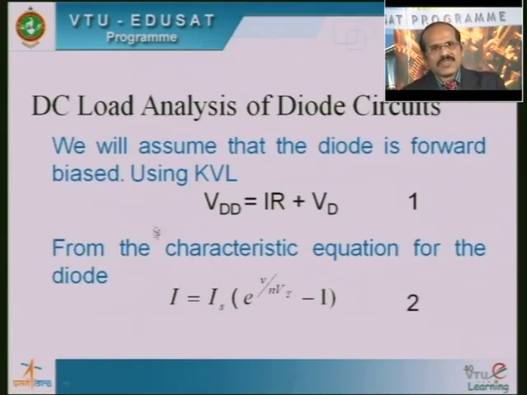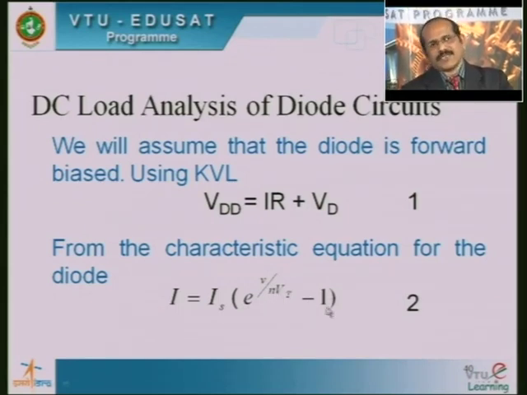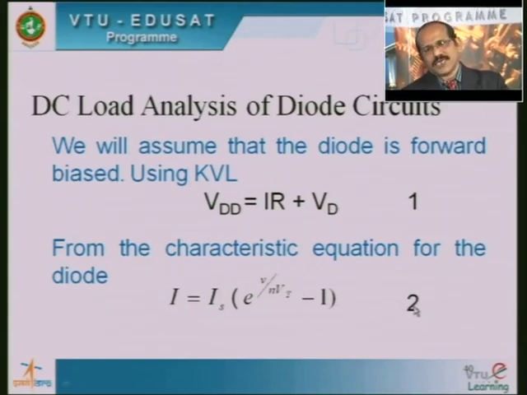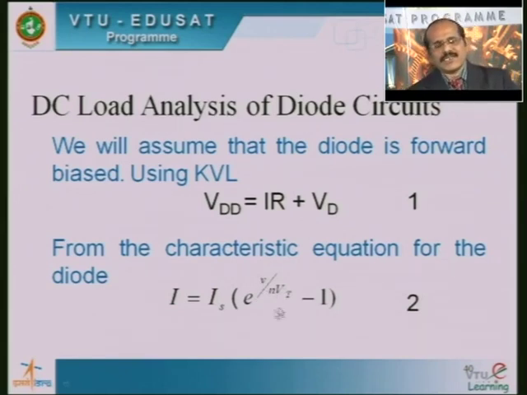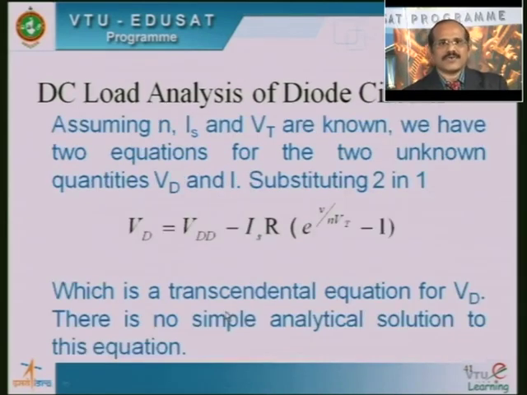And you know that the characteristic equation of the diode is given by I equal to Is into e raised to V by nVt minus 1. You can assume this as equation 2, where Vt is the thermal voltage, whereas n is a number, usually either 1 or 2, and in general n is assumed to be 1, whereas Is is called the reverse saturation current.